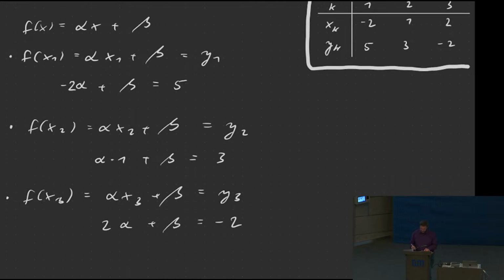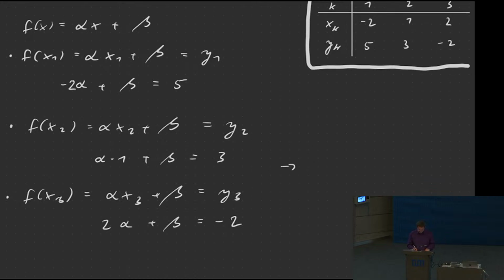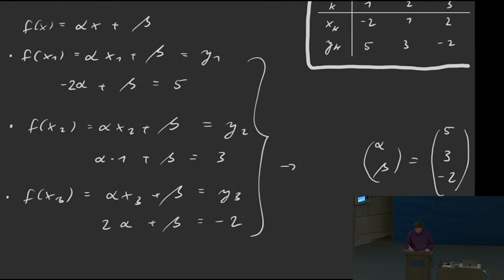So the system that we have here in matrix vector form looks like that. Let's see. We want a matrix. We want to multiply that by alpha beta, and then the right-hand side, that's the y's. The right-hand side is then 5, 3, minus 2. Right, that is those y values here. And for the coefficient matrix, we need to use those values.